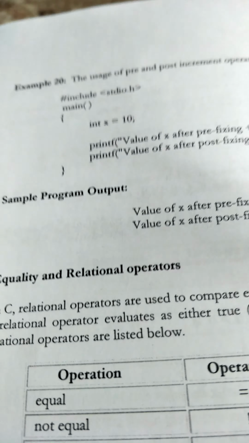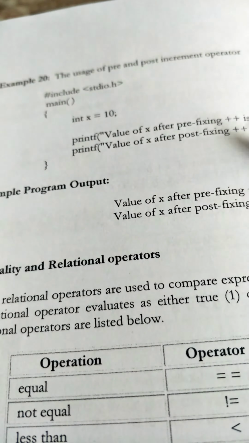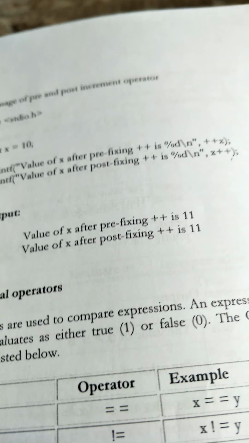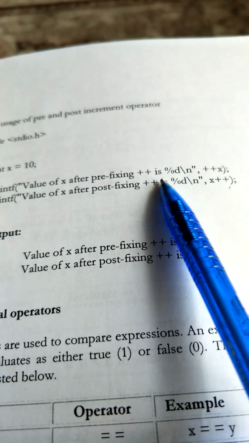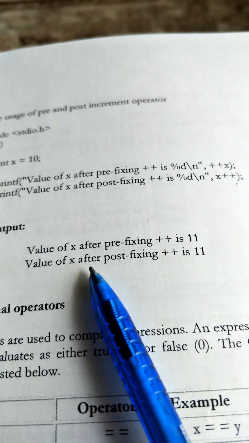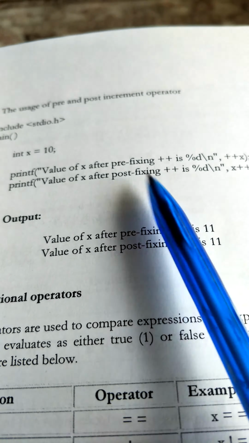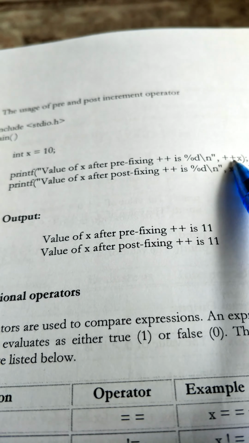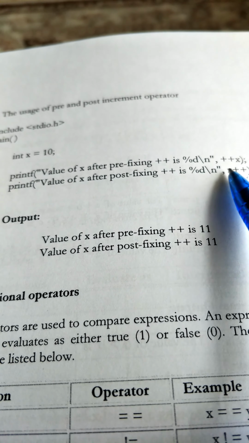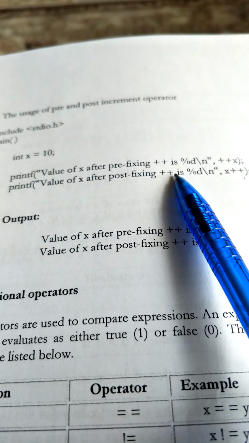Then the rest is another example. In this case, you have the same value here, and you can see the output. Because the initial value for x is 10, here you have ++x that gives you 10, and here x++ also gives you 10.